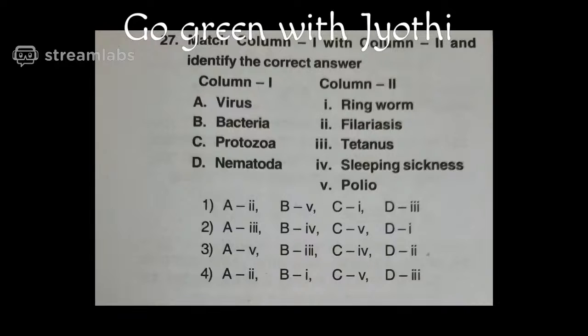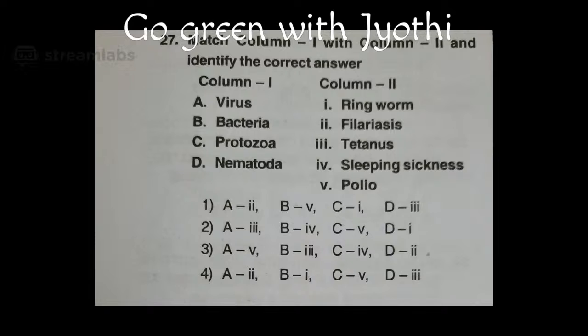I'll read the question. Listen carefully. The microbes are virus, bacteria, protozoa, nematoda. And the diseases which spread by these microbes are ringworm, filariasis, tetanus, sleeping sickness, and polio.